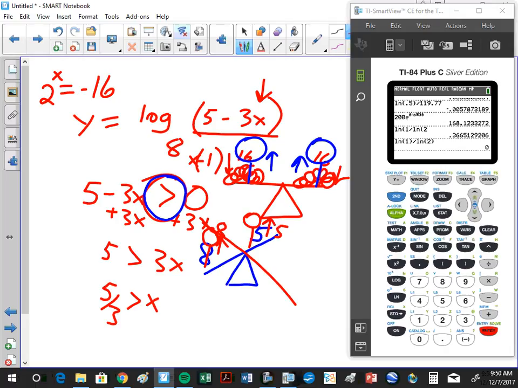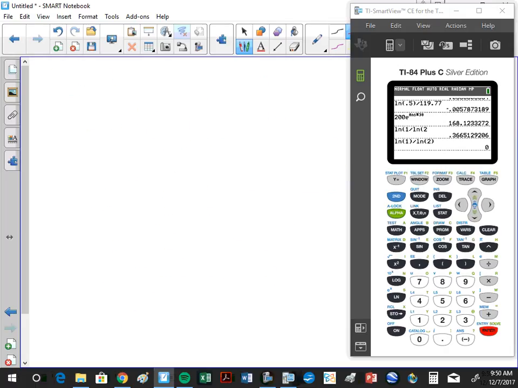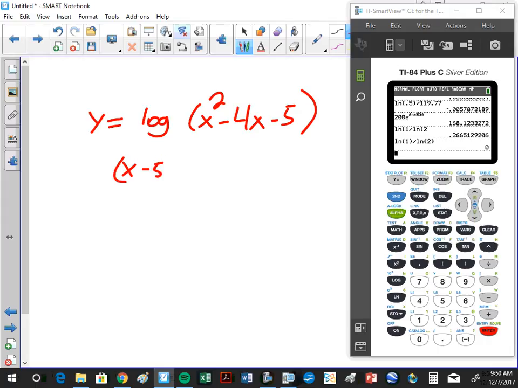Well, what if the stuff inside is a quadratic? Y equals the log of x squared minus 4x minus 5. Well, let's factor that. I have x minus 5 and x plus 1 must be greater than 0.